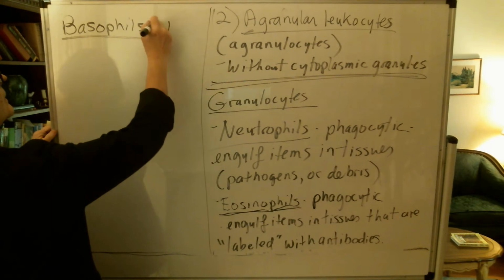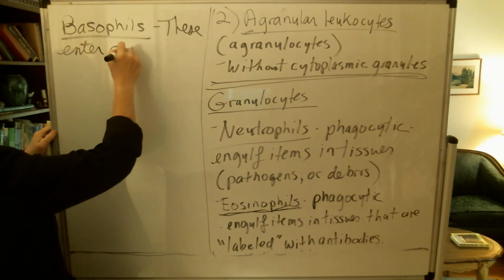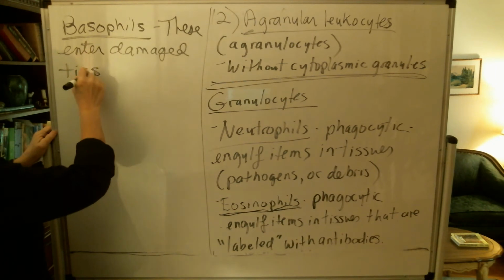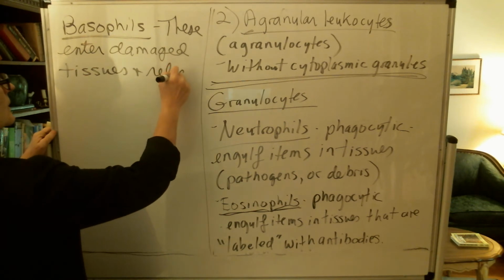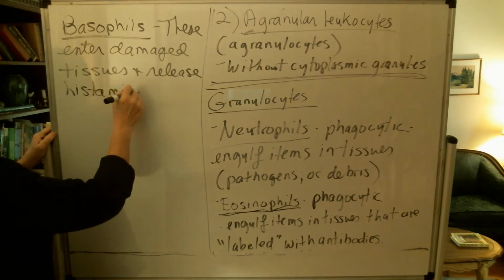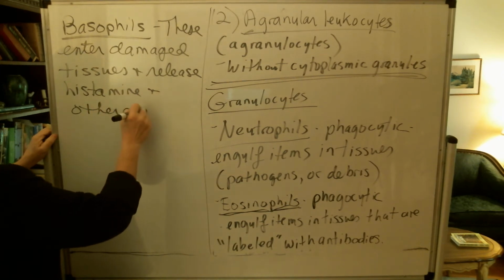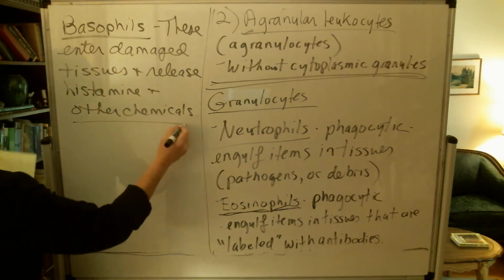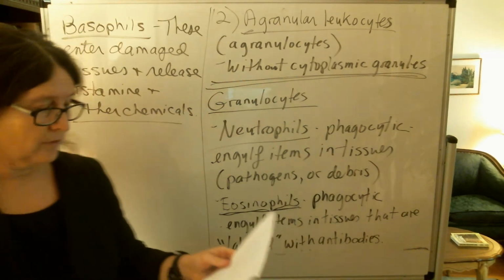And these enter damaged tissues and release histamine and other chemicals. So this may have given you a little bit of an idea as to what those grains are about.